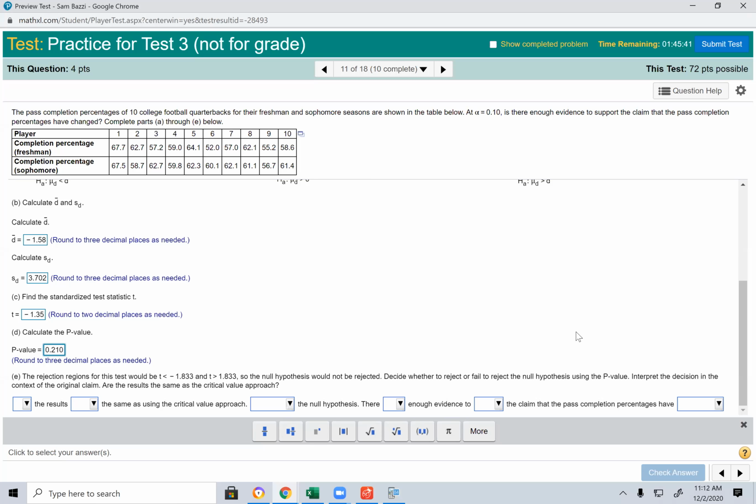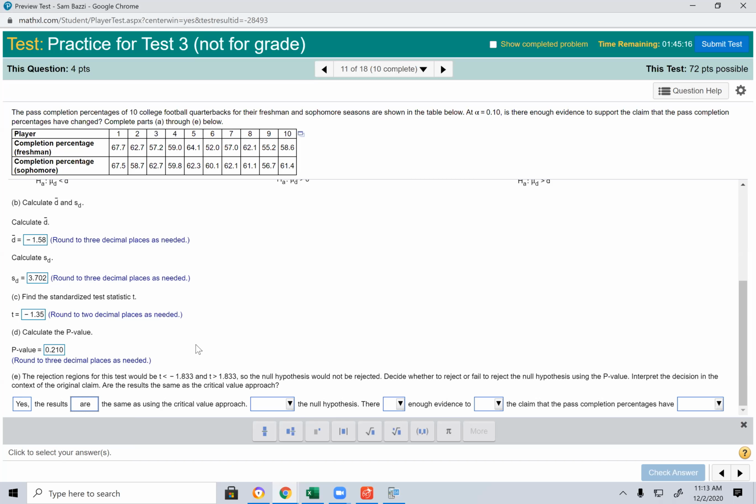Okay, and let's see now. Oh, let's see part E. I didn't see this in there. Okay, so we fail to reject the null hypothesis.